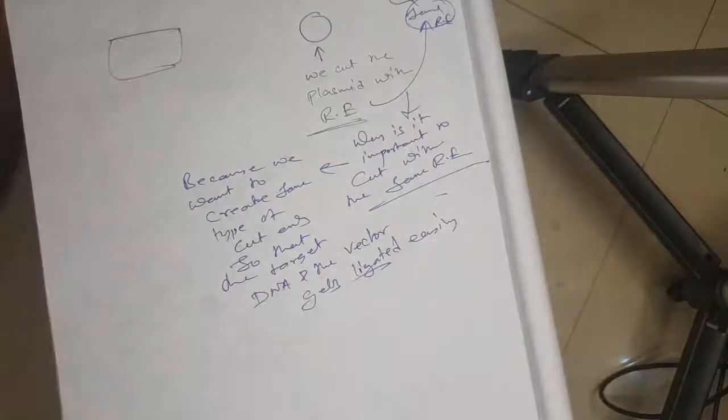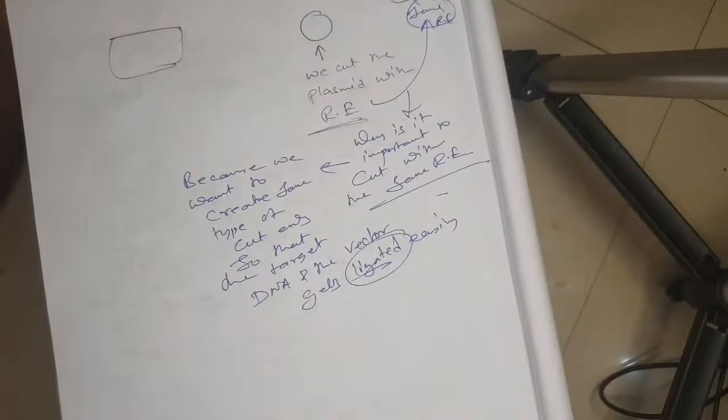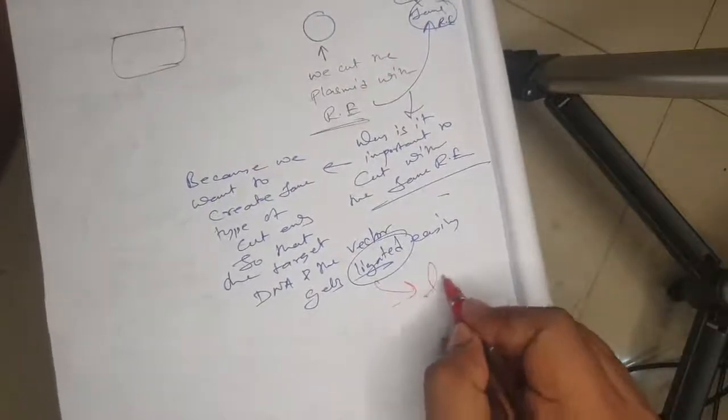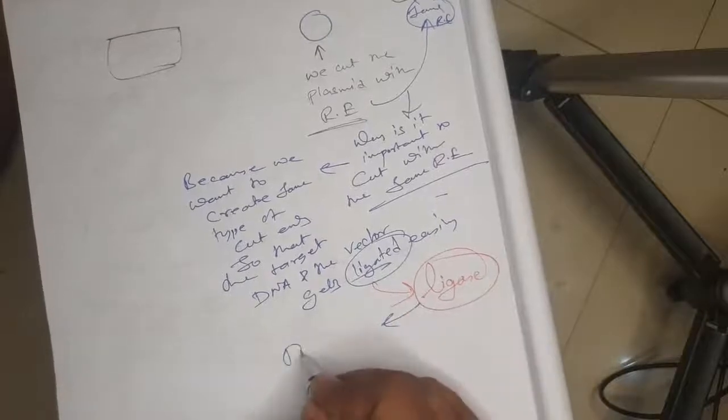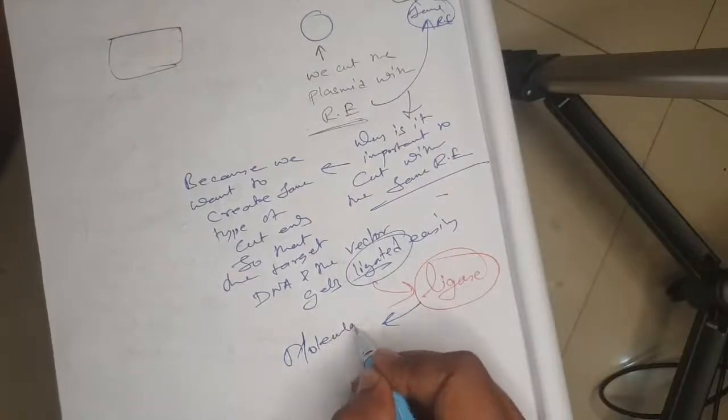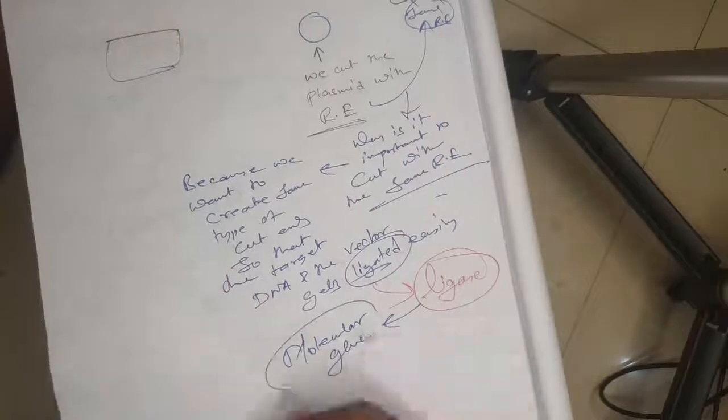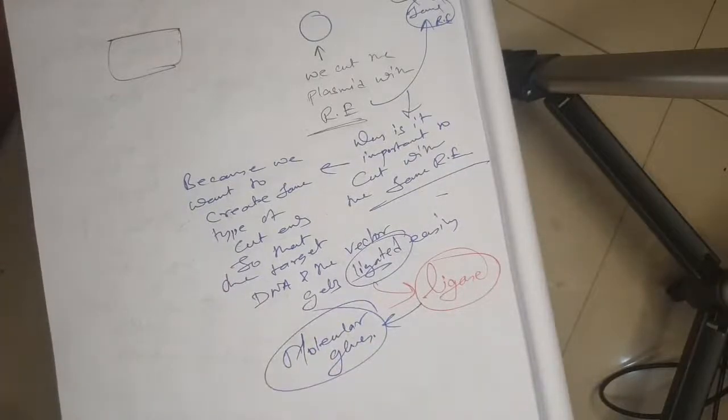Ligated means joined together. Which enzyme does the work of this ligation? Ligase. Ligases are known as molecular glues. So that is the thing that you should understand.